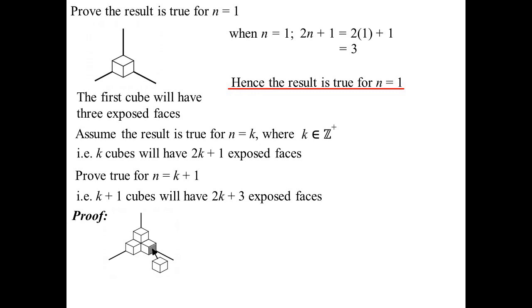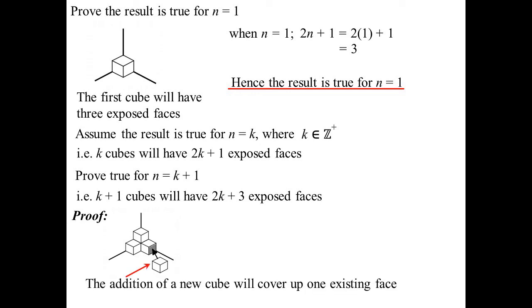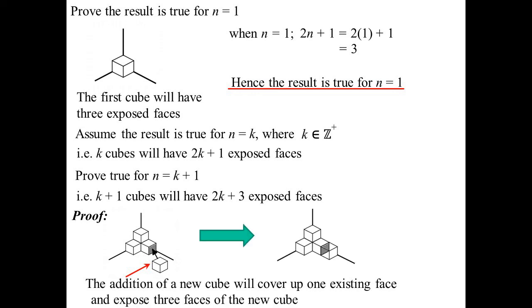So what happens when I add a cube to the pile? The one I've shaded in there, that face will end up being covered up. It was an exposed face, but it will now become not an exposed face. So we know the addition of that cube will cover up one of the existing faces, but it will create another 3 exposed faces, because we'll end up with that.